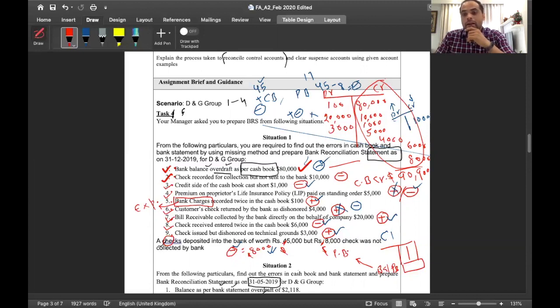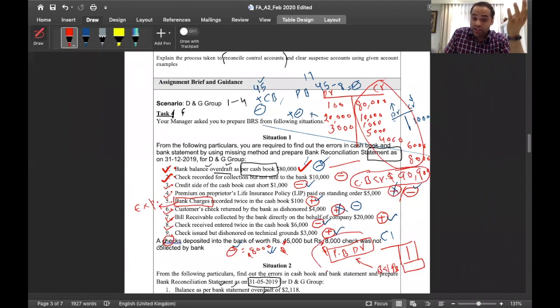Positive means passbook debit, which means cash book credit. So the cash book is running out of cash, 90,900, running out of cash in the bank.